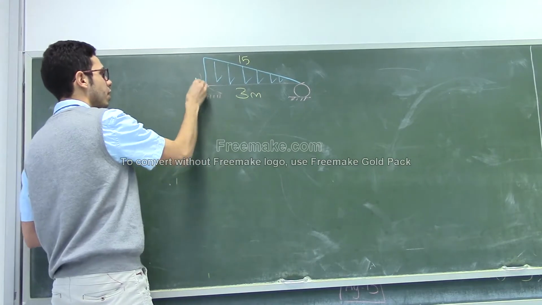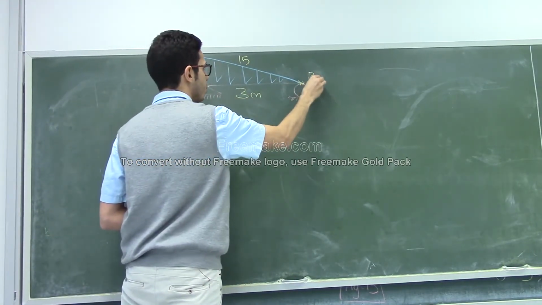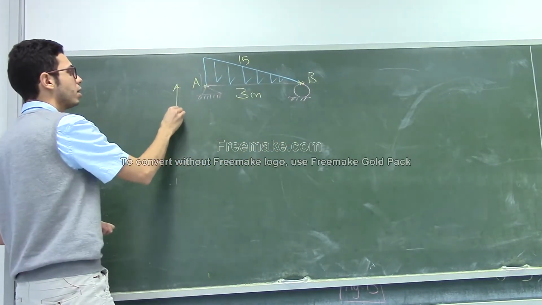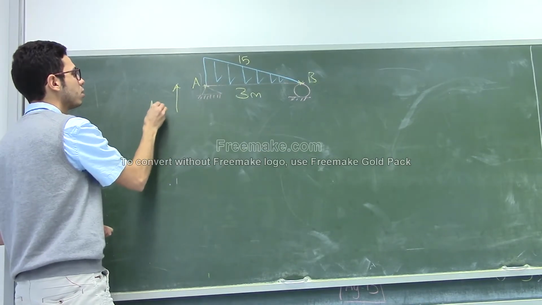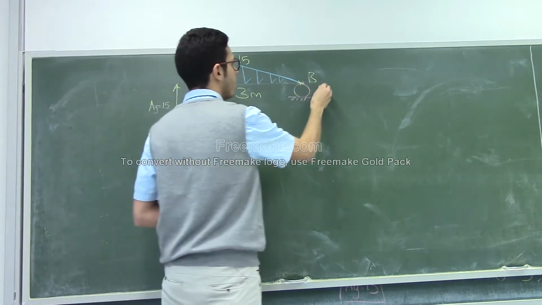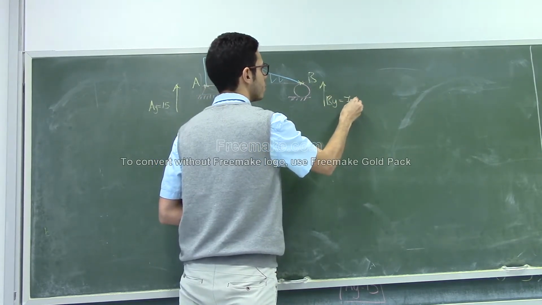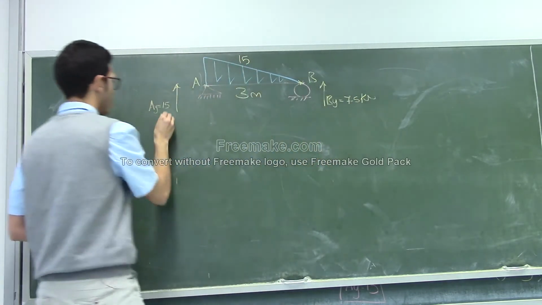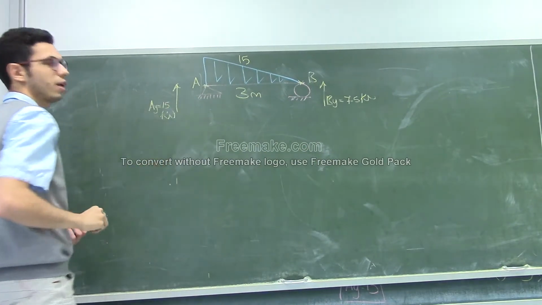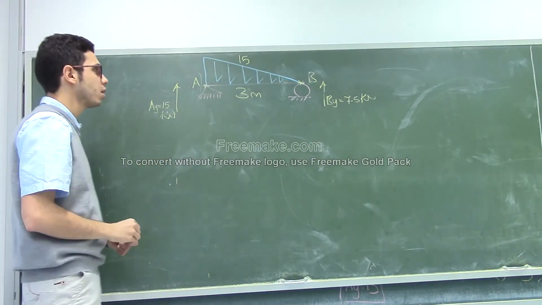This was point A, this was point B. We agreed that AY is equal to 15 and BY is equal to 7.5 kilonewton for both of them.